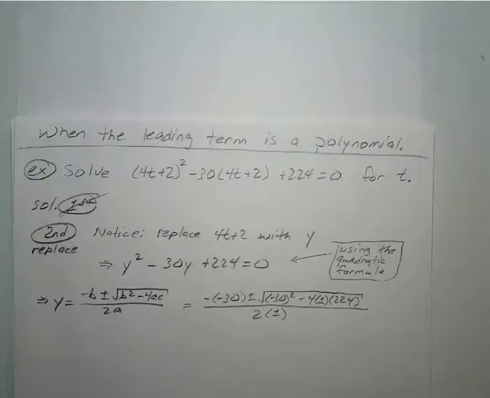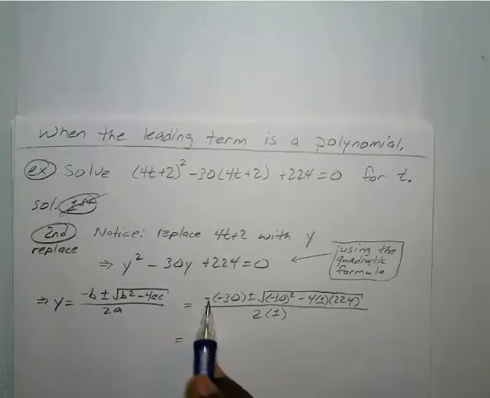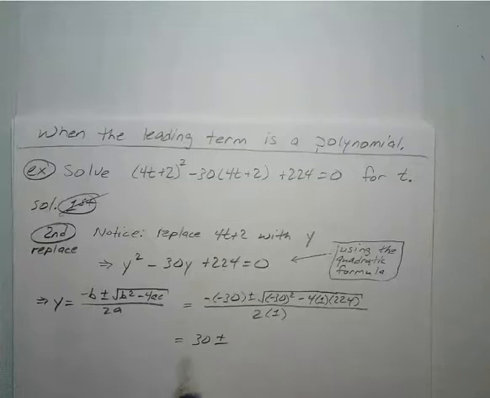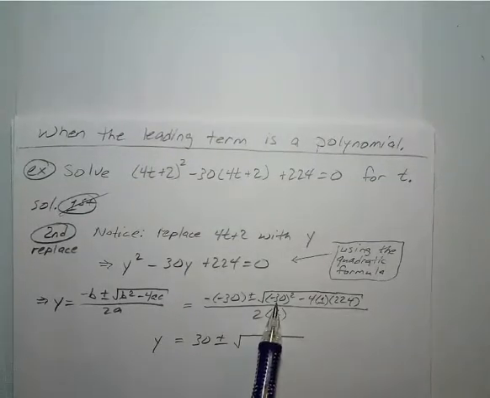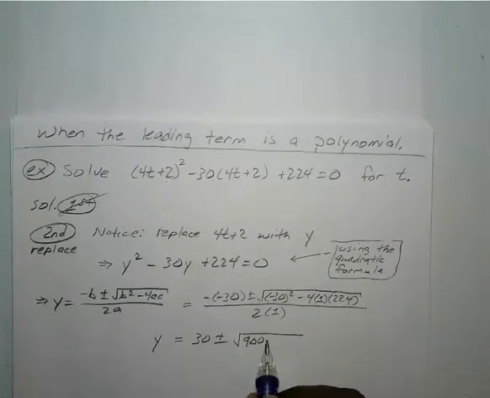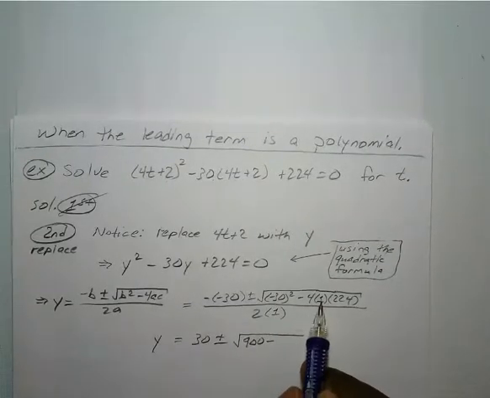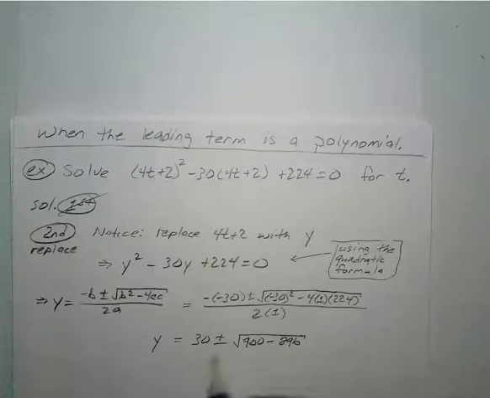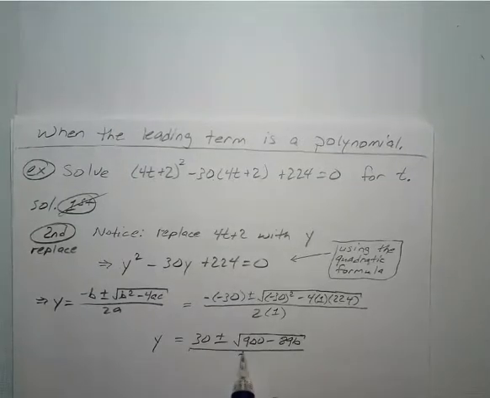So negative 30, that's just positive 30. So 30 plus or minus, I'll just put the y back here, the square root of negative 30 squared, negative 30 times negative 30 is positive 900, minus 4 times 1 times 224, which is 896, all over 2.